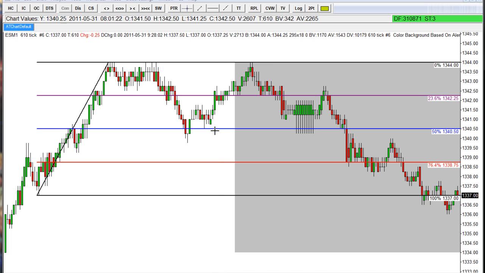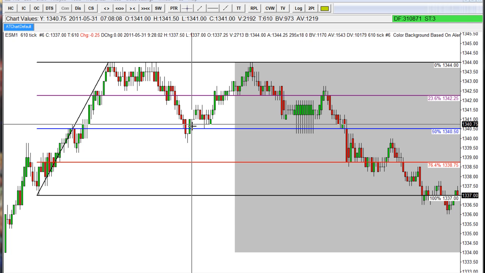Now for my stop, I use the 76.4% level. Place my stop right at this level. Okay. Now, since I trade off the depth of market, what I usually do is when price starts to retrace, I program a bracket order on the DOM. So in this case, I would place my entry at 1340.75. That's where I'd have my limit buy order.